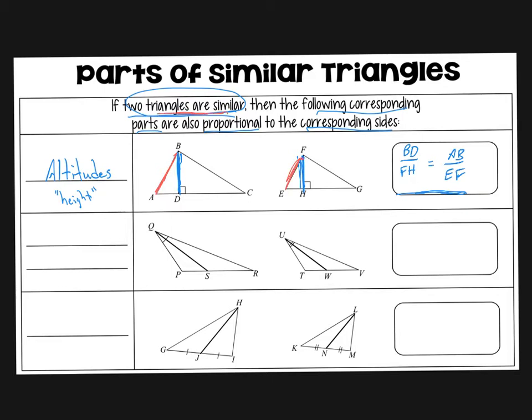If the triangles are similar, then the following corresponding parts are proportional to corresponding sides. So this idea of AB and EF, we could have used any parts. We could have said BC and FG, right? So just as long as they are corresponding sides, okay?